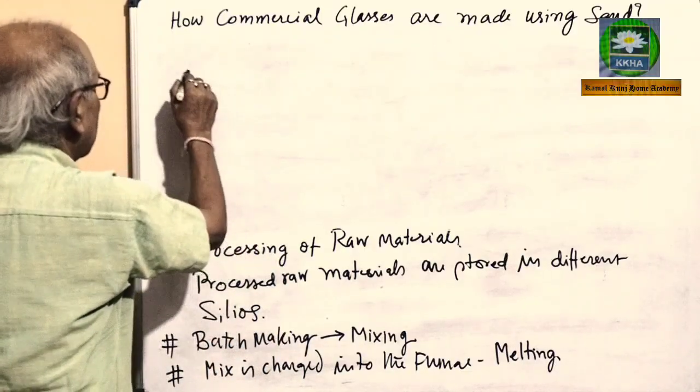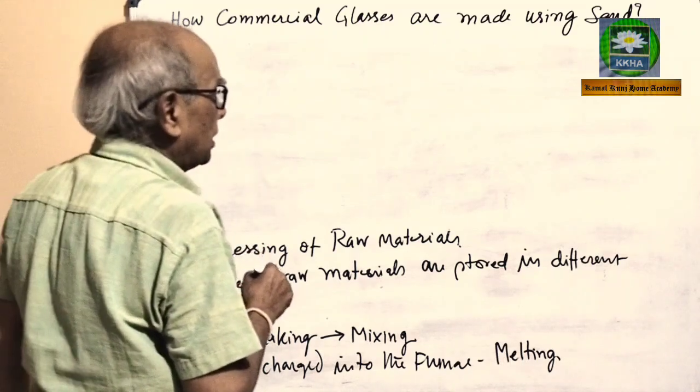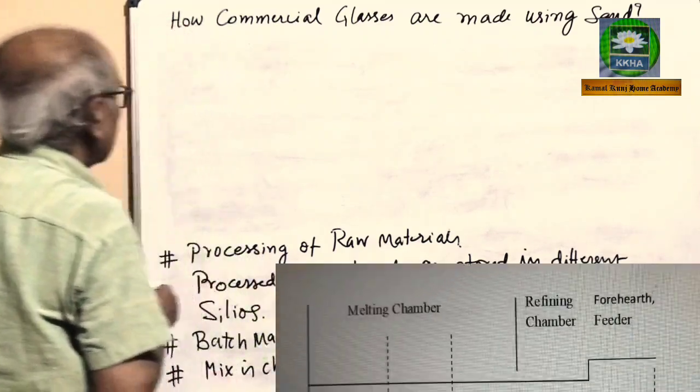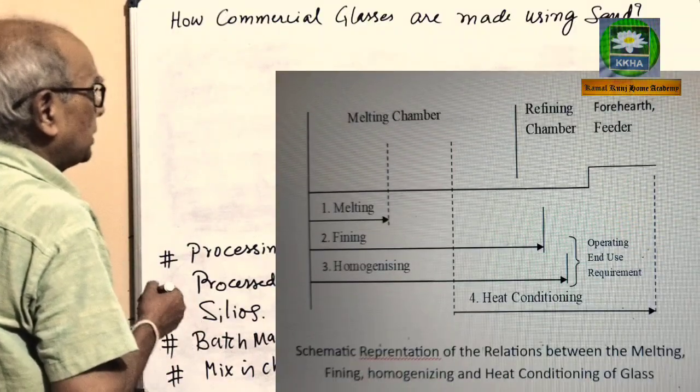Different zones are in the furnace. Now the picture shows the schematic diagram showing different zones in the glass tank furnace.